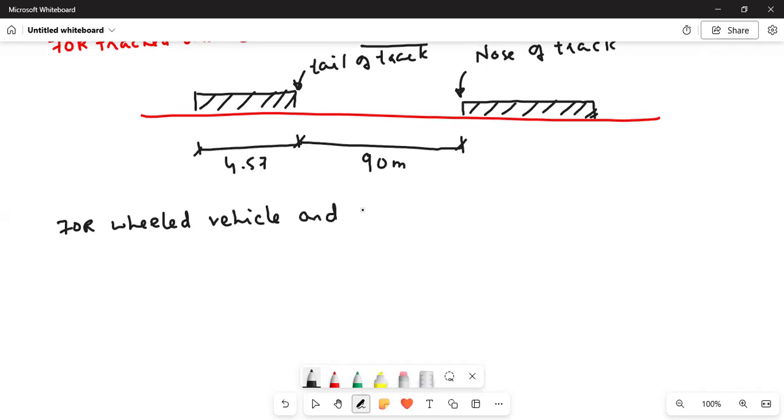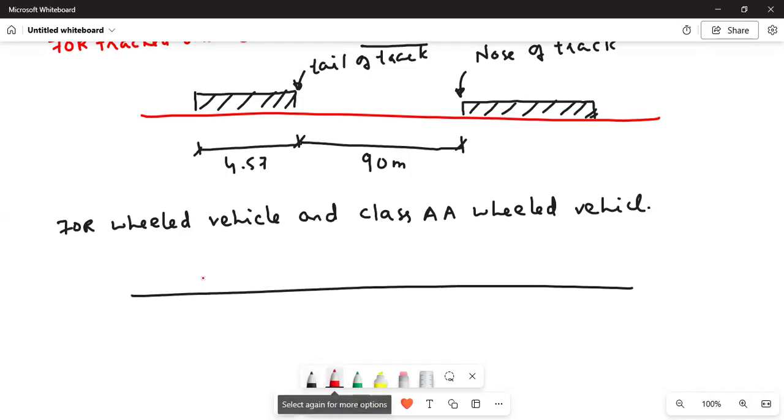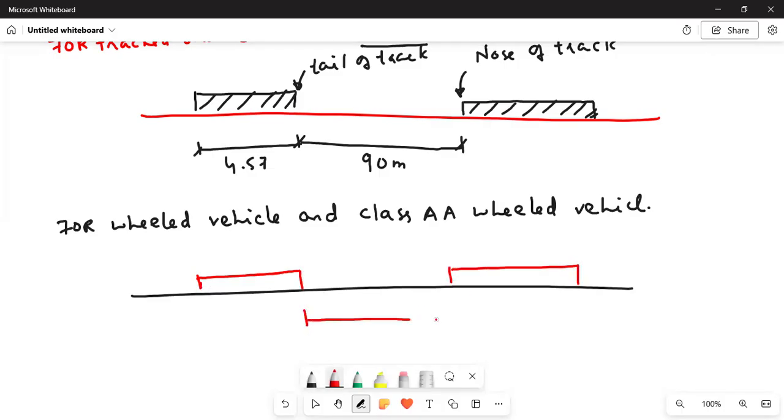If this is your bridge, one wheeled loading vehicle you're putting here, another you have to put here. The distance between them should be 30 meters. You cannot put them randomly. You have to maintain this distance. This is given by the IRC code. So the minimum distance should be 30 meters between two wheeled vehicles.